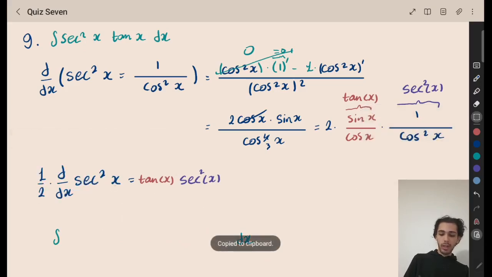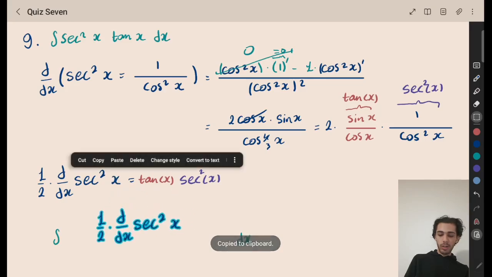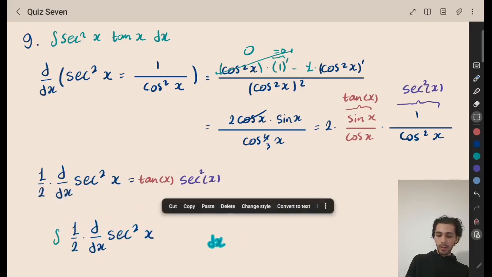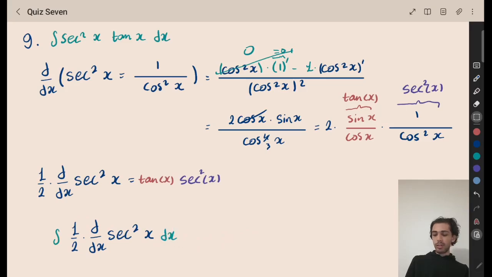I will replace tan of x sec squared of x with this. And I don't want to say this, but I'm sorry. You cancel out and you get half sec squared of x plus c.